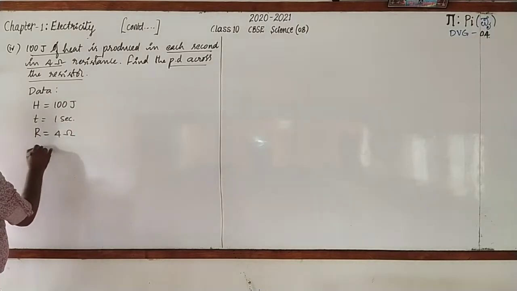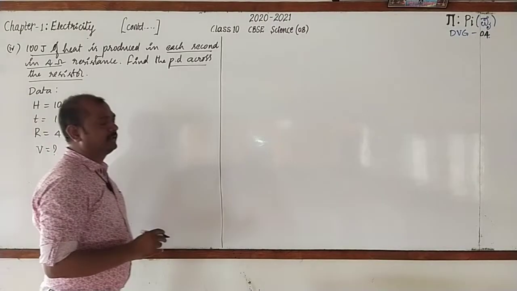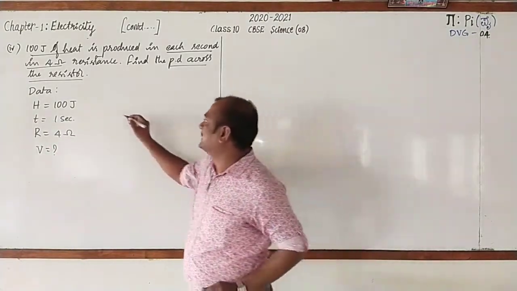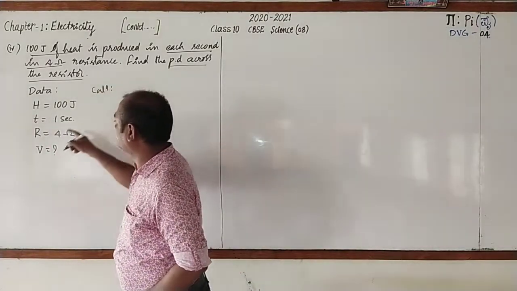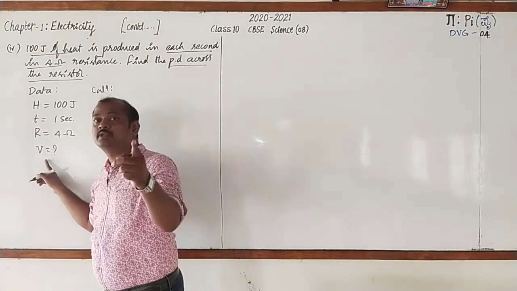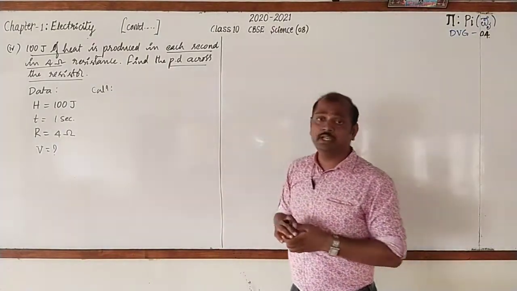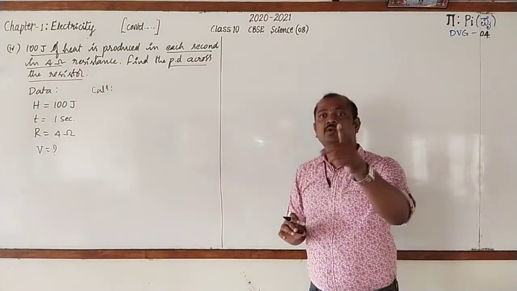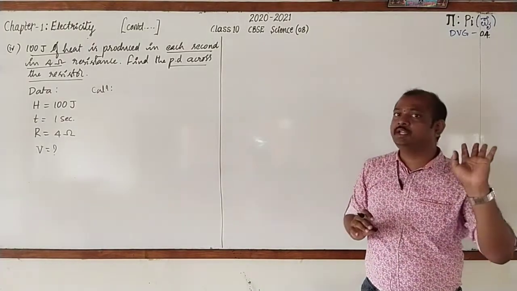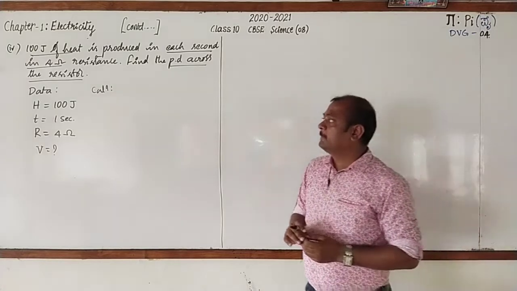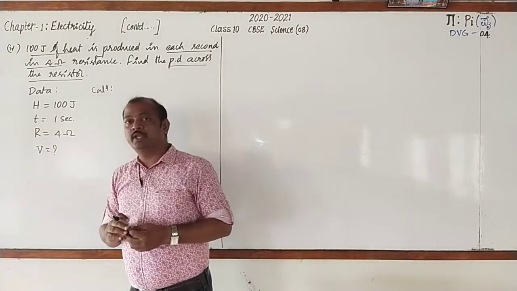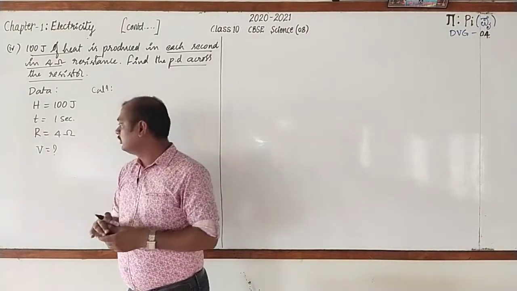You are going to find out the potential difference. We have the formula to find heat produced, that is H is equal to I square into R into T. But how do you find V?